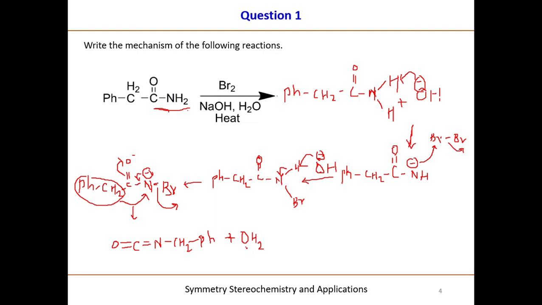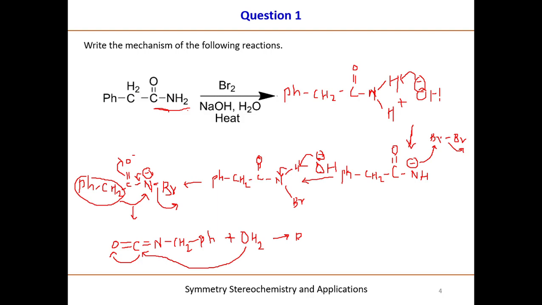It will attack on this carbon and this bond will break this way. Okay, and it results in the formation of carbamate, carbamic acid.